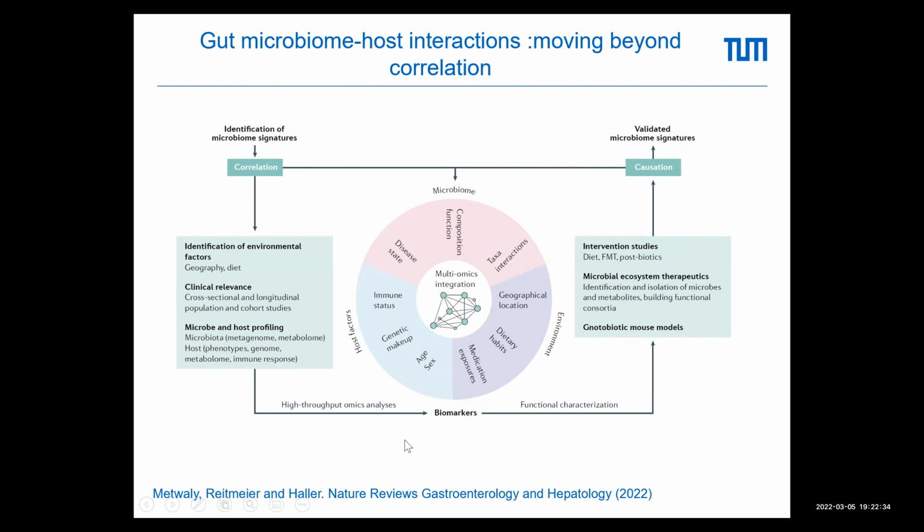Once we have these high-throughput omic analyses, we can have biomarkers and go back and do functional characterizations, for example in mouse models, or do intervention studies. And eventually, we would have a validated microbiome signature that can be used for diagnosis and treatment of different diseases.